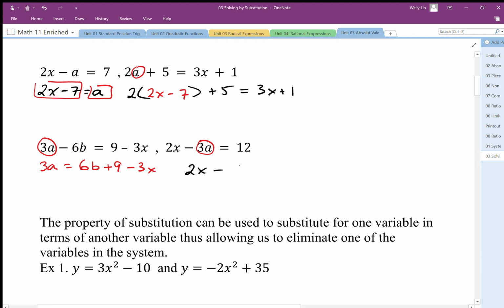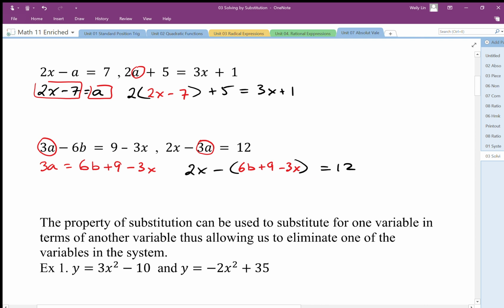So 2x - 3a = 12, and this is going to be replaced by 6b + 9 - 3x. I did a like for like replacement. Now in this case, although I did a like for like replacement, I still have too many variables and this is not solvable.